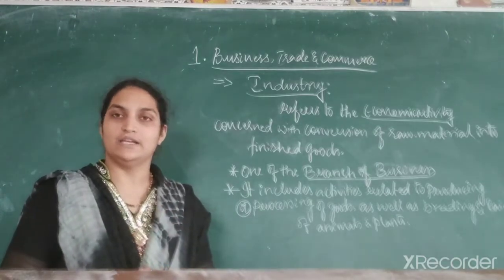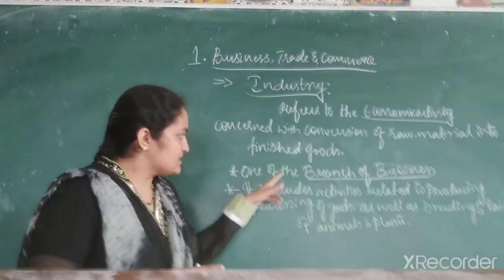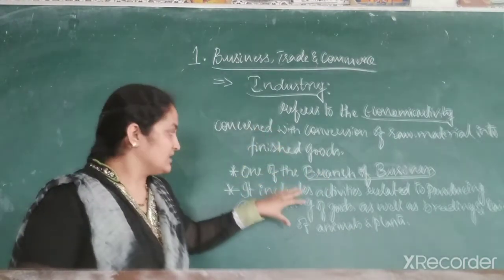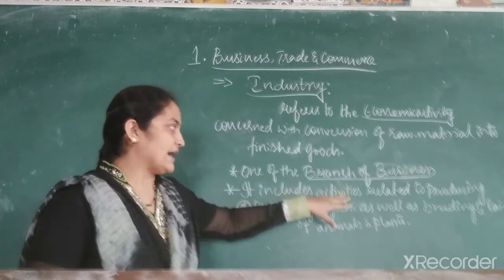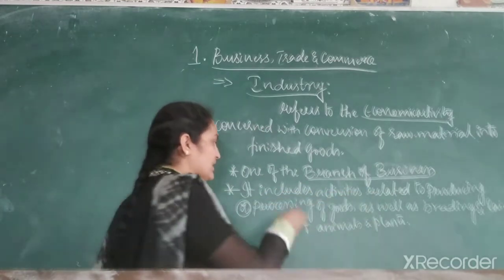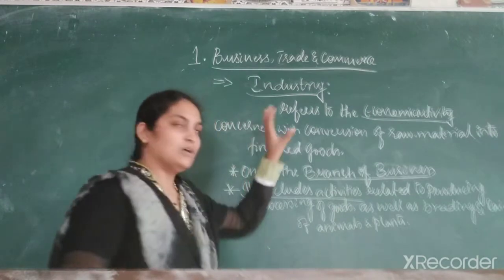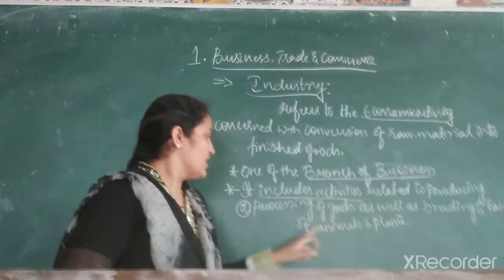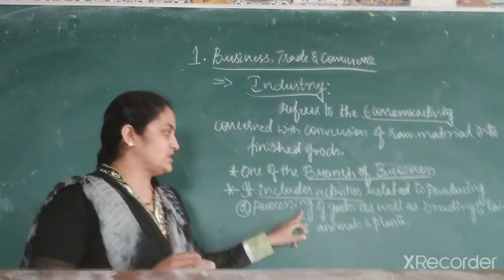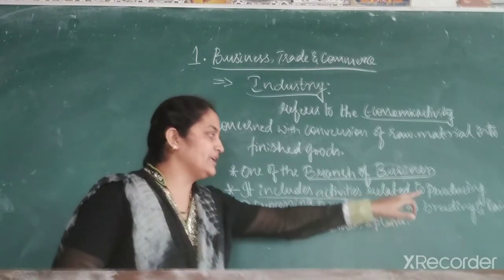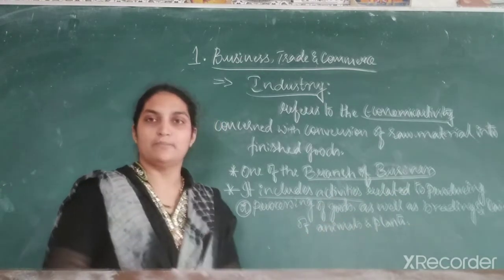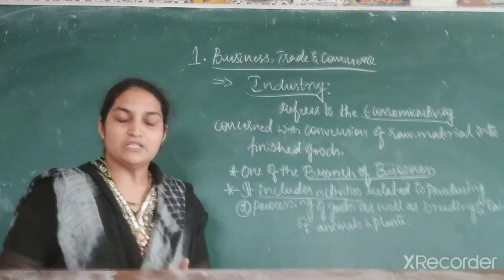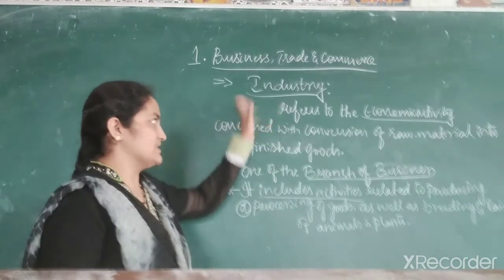As industry is one of the branches of business, it includes activities like producing goods and services, processing goods and services, as well as breeding and raising of animals and plants. Even the multiplication of plants and animals is done. That is called industries.